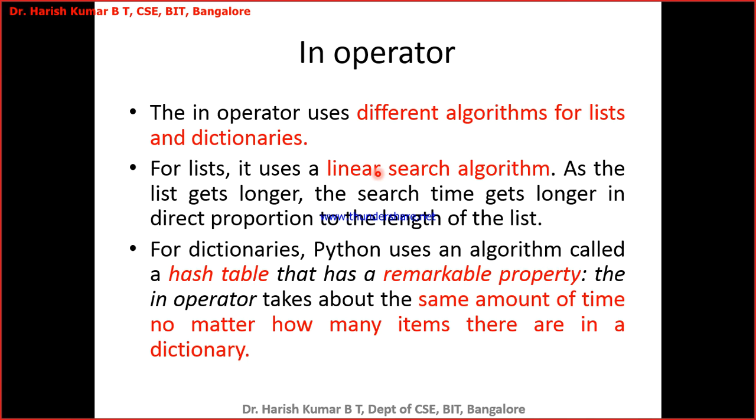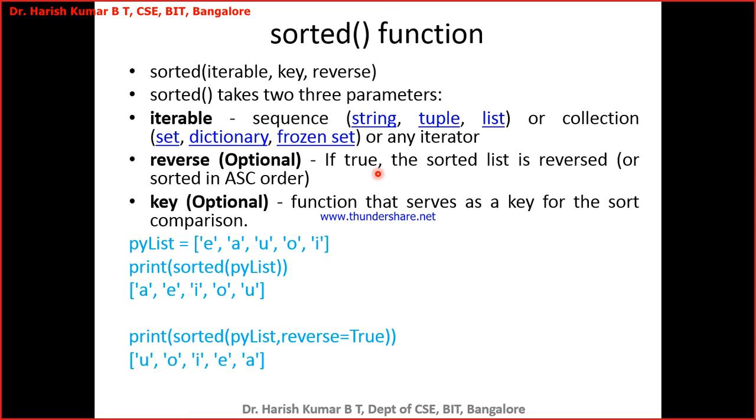But in a linear search algorithm, when you are searching something in a list, the access time is directly proportional to the length of the list. As the length of the list increases, the access time also increases, because it uses the linear search algorithm.